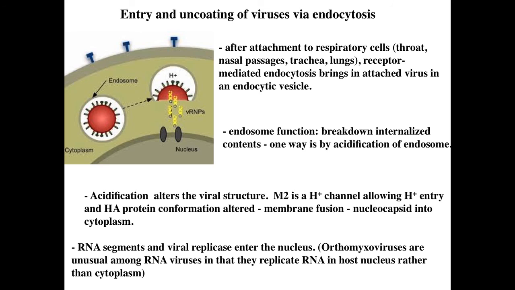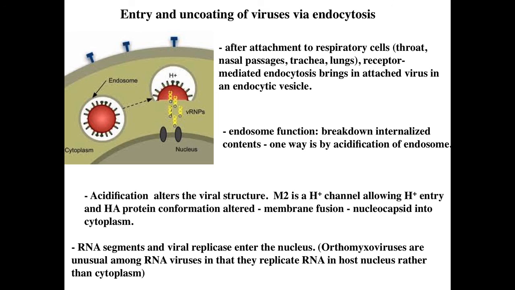The acidification that occurs in this is driven by the host. But there's a viral protein that actually helps to get those protons inside the virus so that the hemagglutinin protein can change its conformation. That's the function of that ion channel that I talked about, that proton channel, M2.